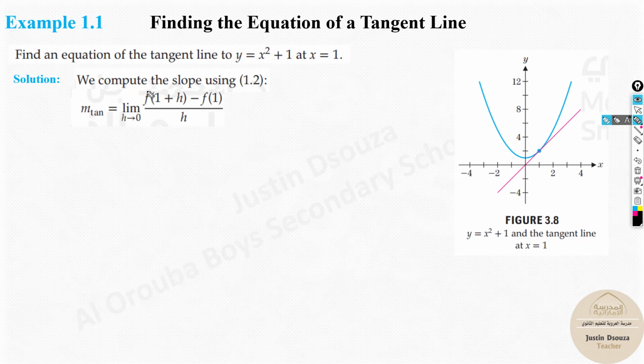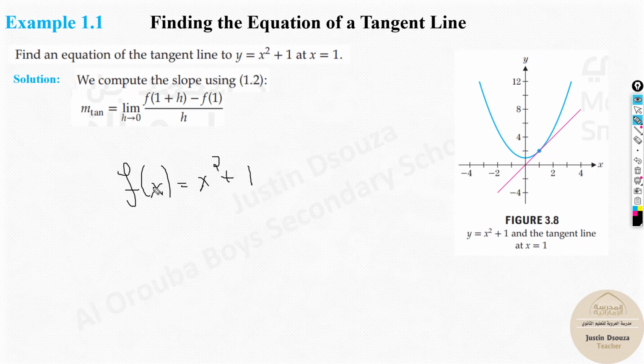Here, this says the function of 1 plus h and function of 1. What is this function? This y given, right, is basically f of x. Okay? When we say function of something, instead of x, we need to put this particular value. Now here we have f of x equals x squared plus 1.